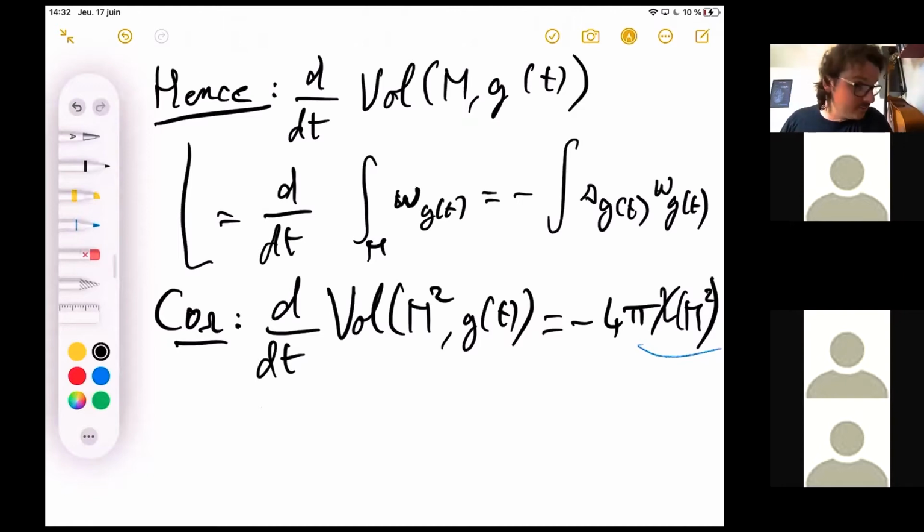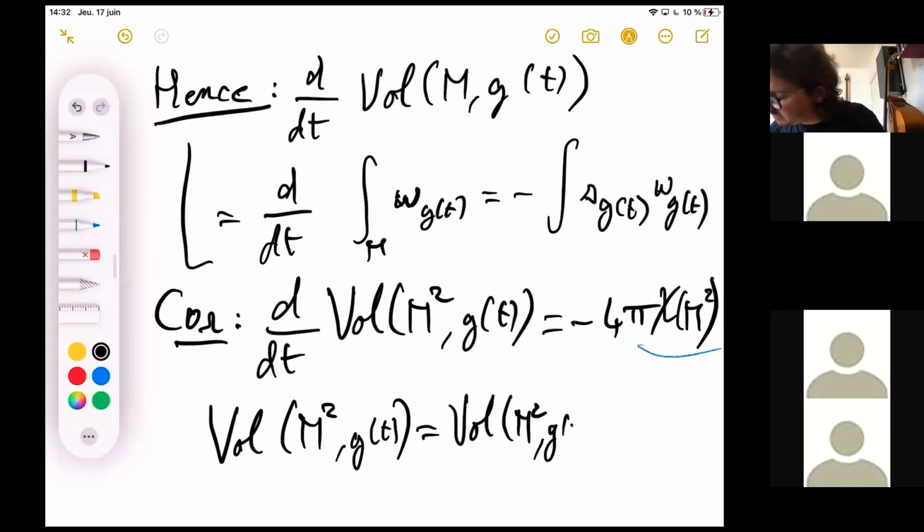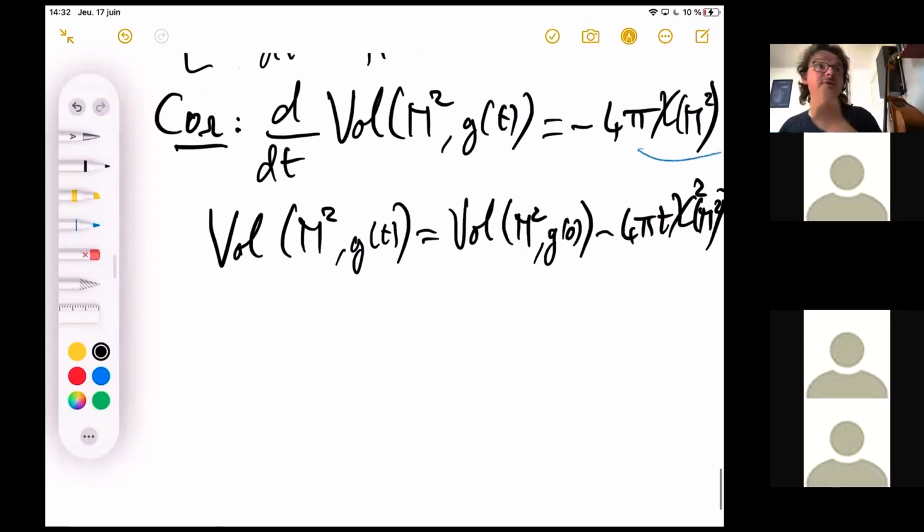And actually you get an explicit expression for the volume, which will be the volume of M_0 minus 4 pi t chi of M. And actually, this is the picture we already drew.